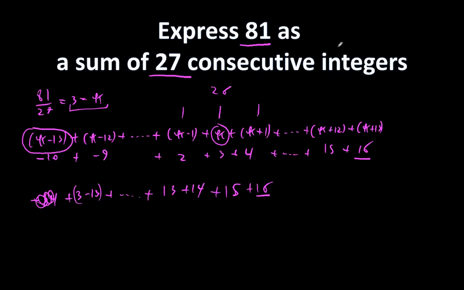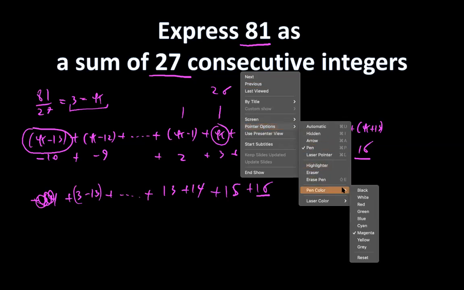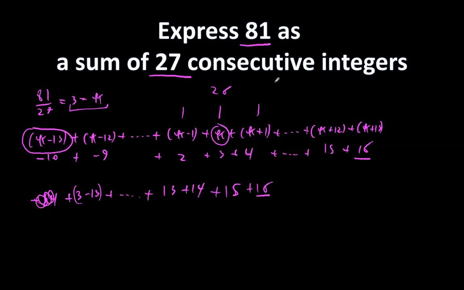Let me emphasize. If you see consecutive integers, you could do, let me change my pen color, green. You could do k and then k plus 1, and you could go all the way up to k plus 26.